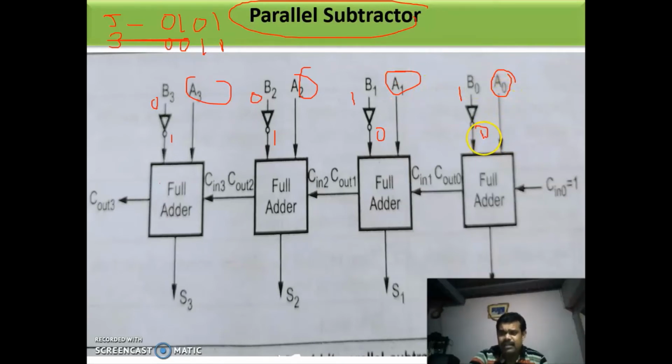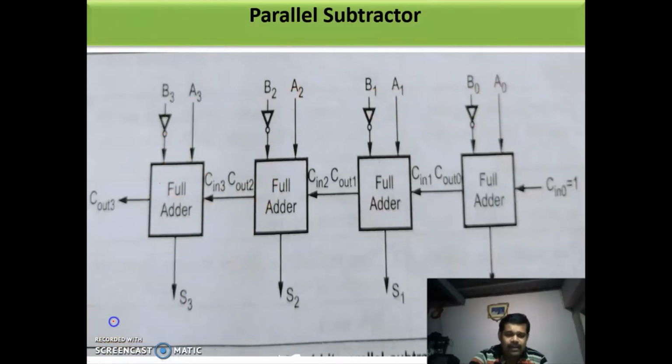Here you are having 0, I will explain. So you take 5 here, that is 0 1 0 1, and you take 3, that is 0 0 1 1.